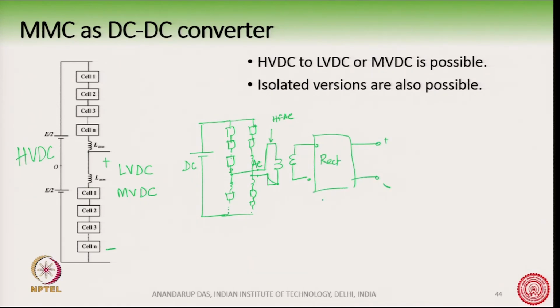This rectifier can be MMC or other types of converter because the voltage here may be less. This side voltage is V1 and this is V2, and these are also possible.